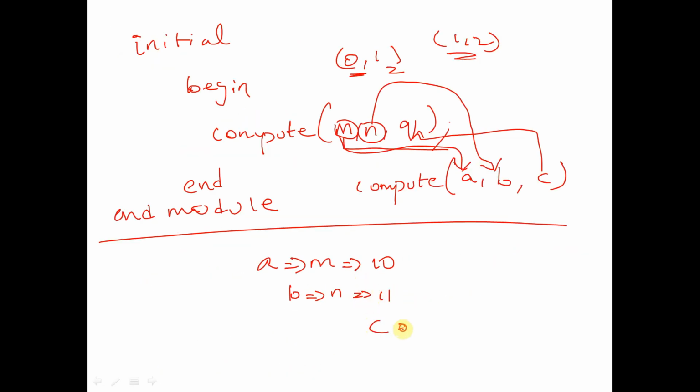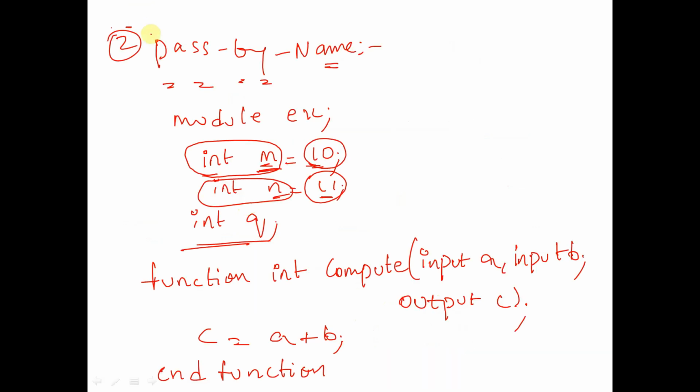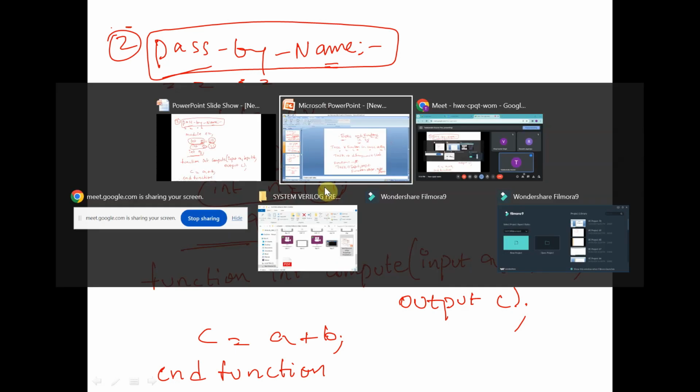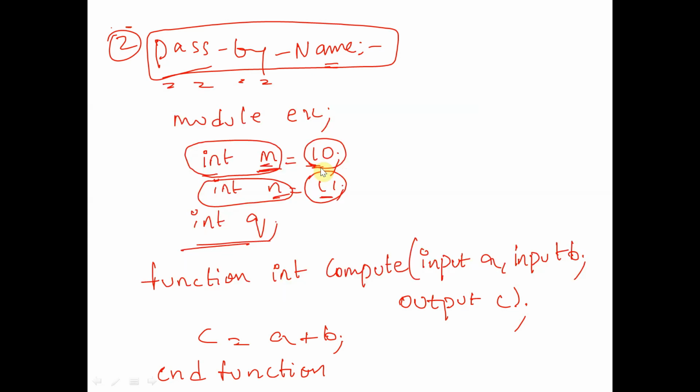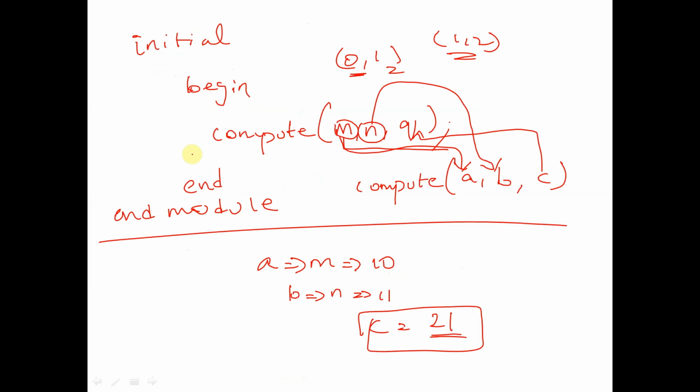So my output c will be 10 plus 11, that is equal to 21. So this is how we can pass the arguments by name. Is this method clear? Got it? So this is the second method, in which we can pass the arguments by name.